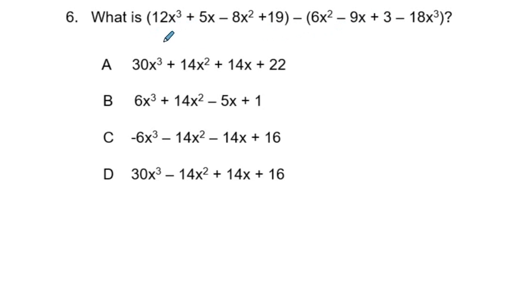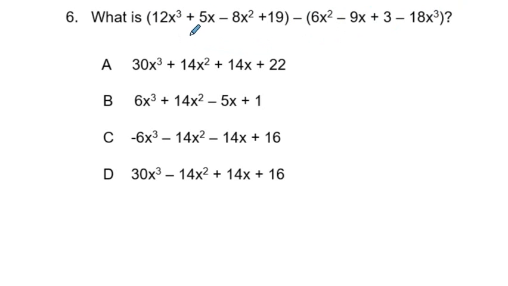And so basically you can make use of the fact that you have multiple choice answers, and so you can distinguish between these. So I'm going to go ahead and try to tackle it that way. So we're going to concentrate on these cubed expressions first, 12x cubed, and then we have minus negative 18x cubed.